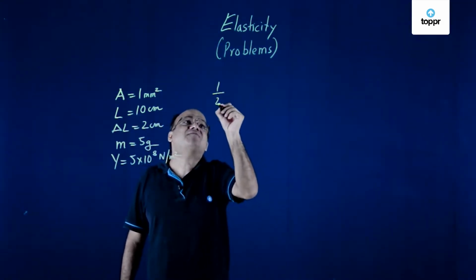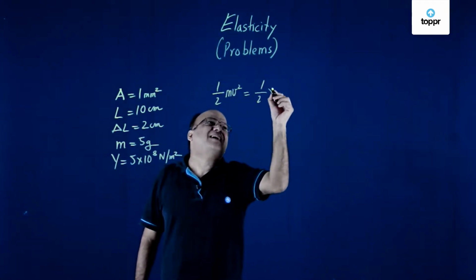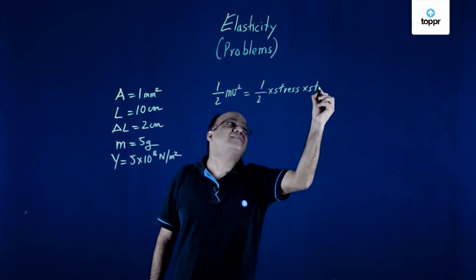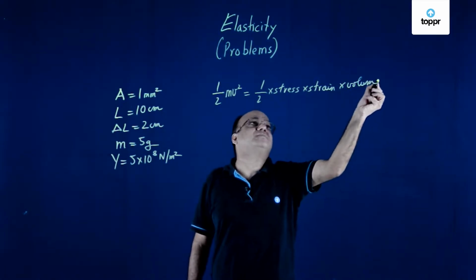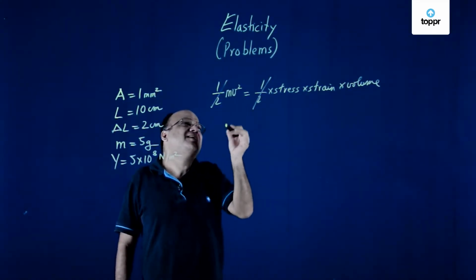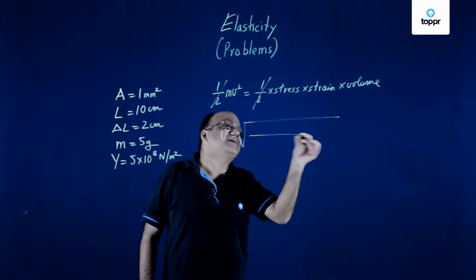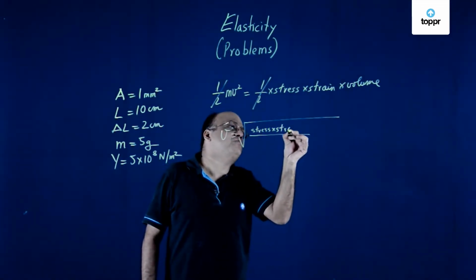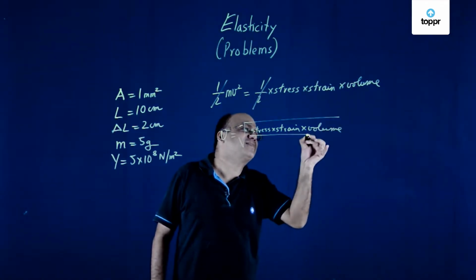So half mv squared will be equal to half stress into strain into volume. Energy stored in the rubber band is half stress into strain into volume. So half cancels. Mass is known. So V becomes root over stress into strain into volume divided by mass.